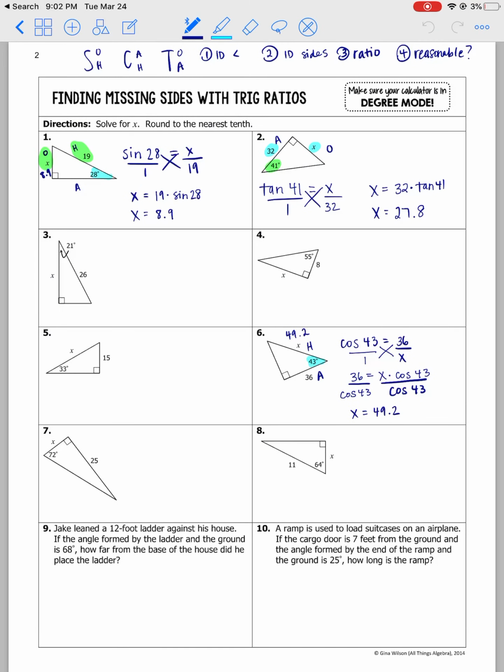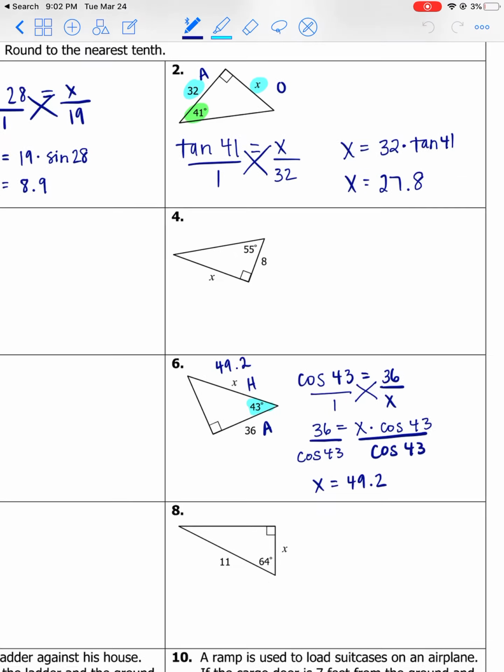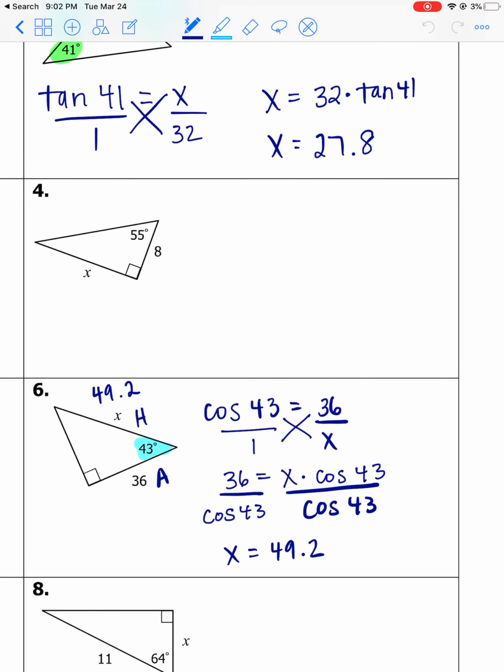And let's just do another one of these together as a review. Let's go to page 2 and do question 4. Yeah, 4 is a good one. All right. So again, the first thing you're doing is highlighting your angle of interest and then identifying what sides are relevant and what the relation is to that angle.